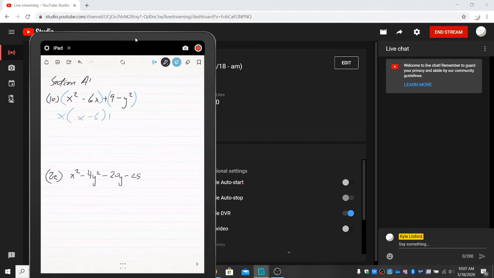Here, I could break this down to 3 minus y times 3 plus y by the difference of squares. But oh wait, this answer right here, that's nothing. That doesn't help me factor down any further, right? Because I want to write my answer as the product of factors, and this is still the sum of these things. So there's nowhere I can go with this.